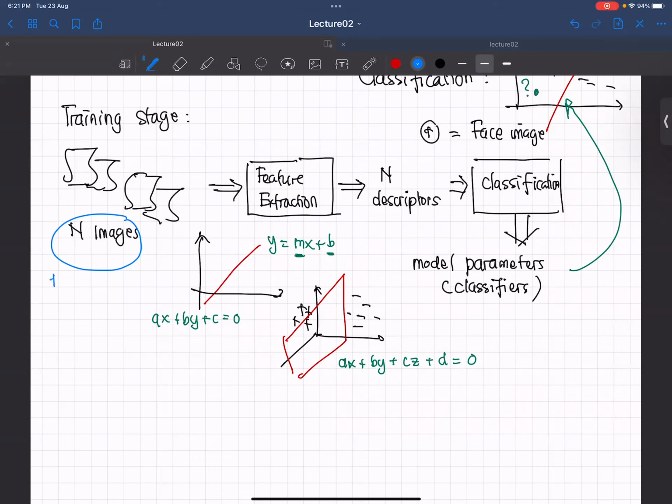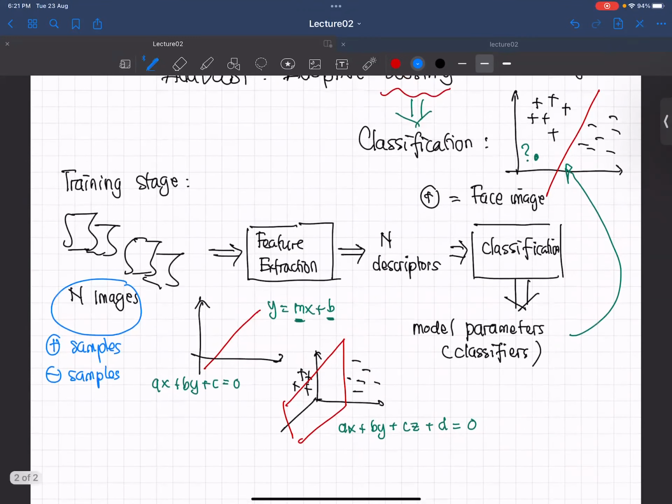So we have positive samples and negative samples. If you have positive and negative, then we can find the line. If we don't have the positive and negative samples, it's impossible for us to get the lines. So we need these positive samples and negative samples, the data and the labels. In Viola-Jones, the requirement is that at minimum, you need 5,000 positive samples and 5,000 negative samples. Any questions so far?